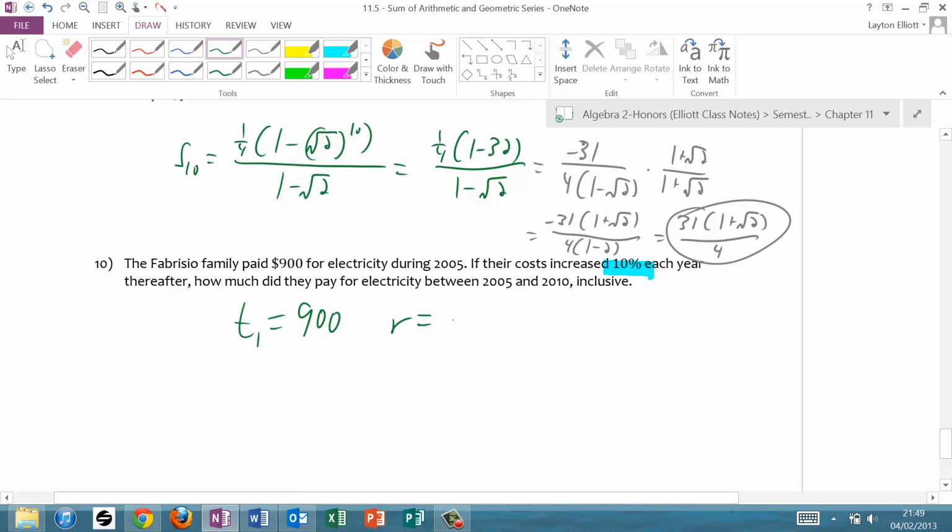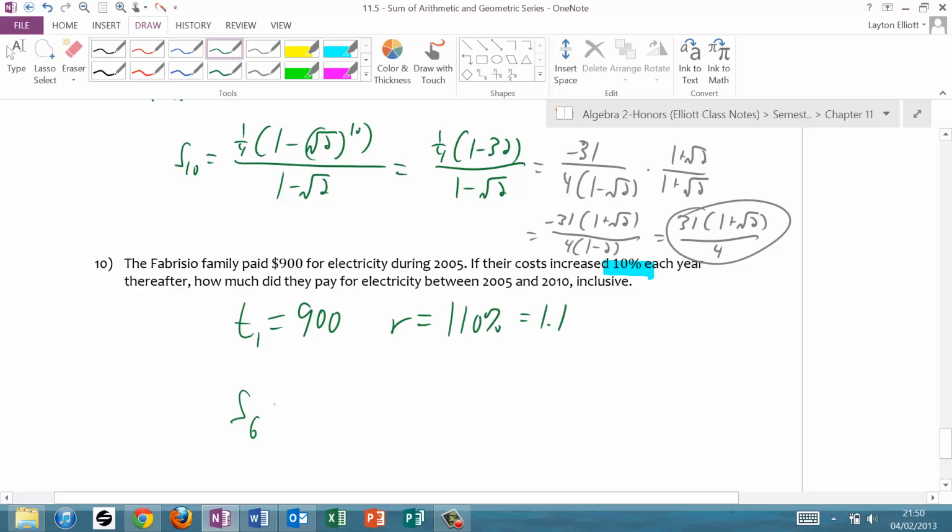I want to make it 110%, or 1.1. We've seen that before where we use a value larger than 1 to make it an increase rather than a decrease. So t of 1 is 900, r is 1.1, and I'm looking for the sum of how many years are there between 2005 and 2010. There's actually 6 years if we include 2005 and 2010.